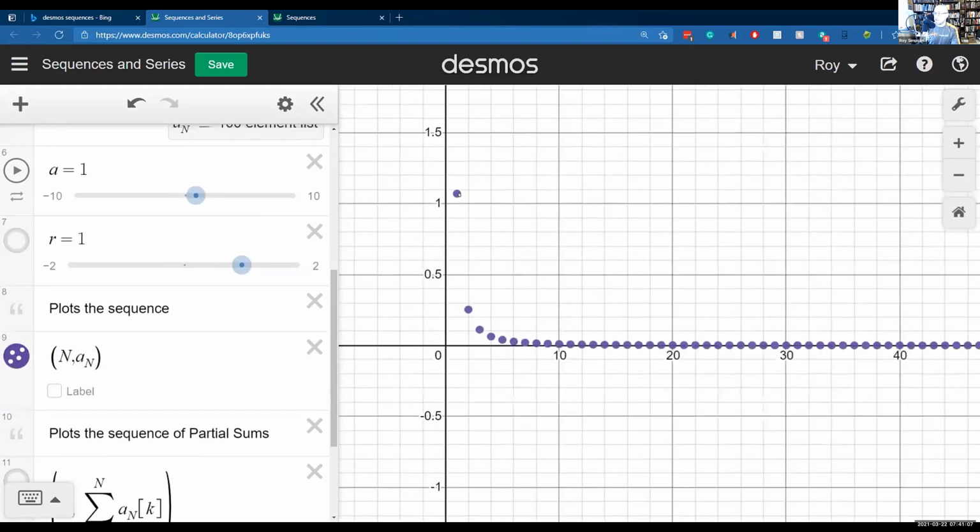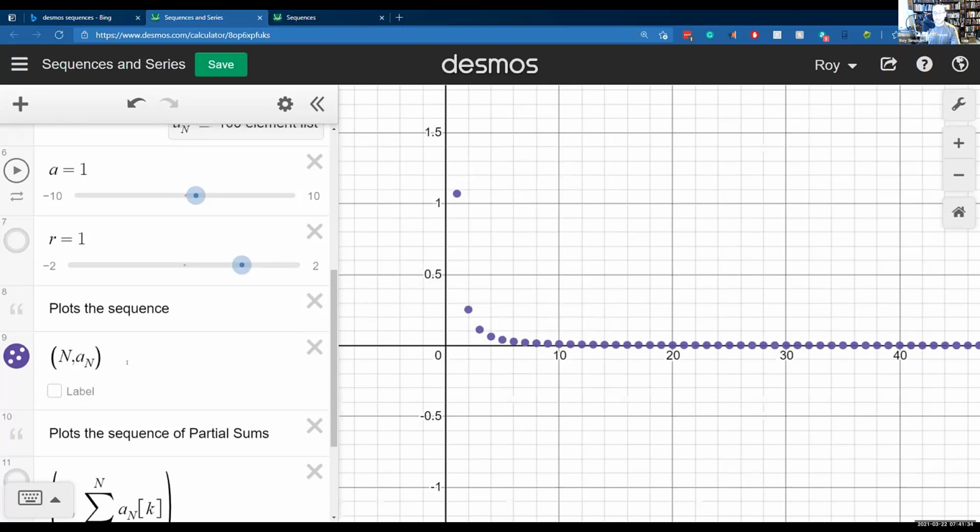So like this right here is a sub 1. It's e to the first minus e to the 1 over 2. And there's a sub 2. It's e to the 1 over 2 minus e to the 1 over 3. And this is the next one. This is e to the 1 over 3 minus e to the 1 over 4, and so on and so forth down the line.